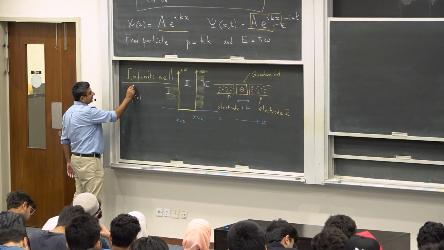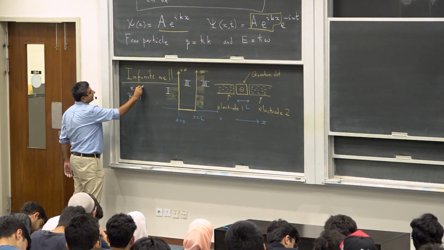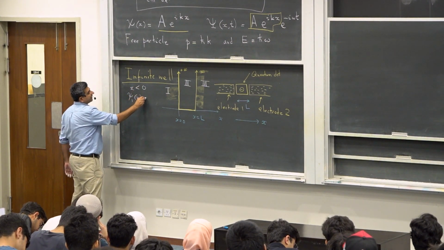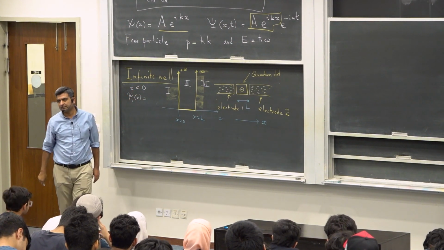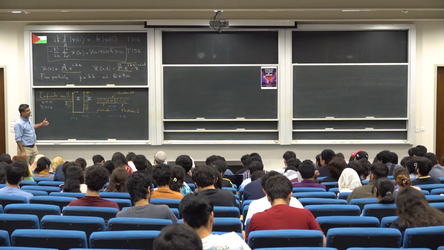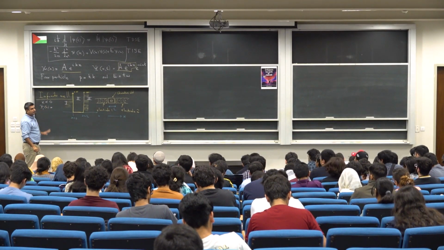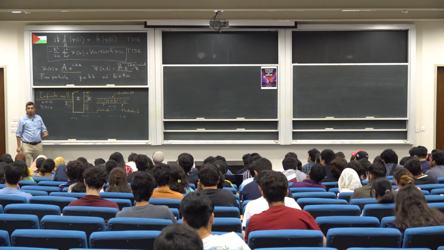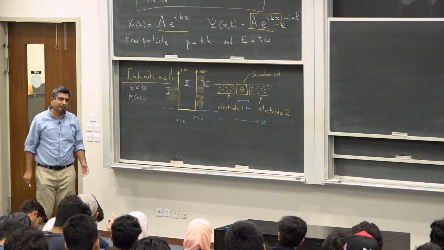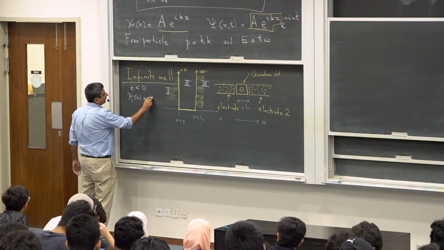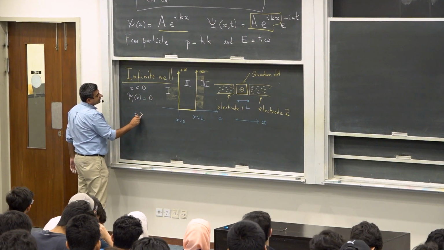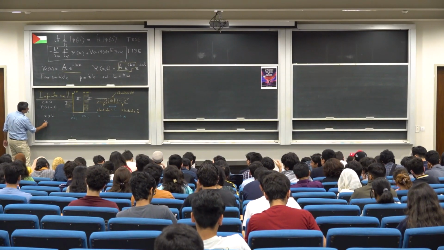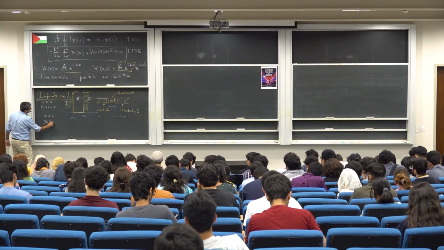in region 1, that is for x less than 0, let's call it psi 1 of x. What is this function going to be in this region? If I cannot find the electron here, what should the wave function be? 0. Likewise, for x greater than L, my wave function, let's call it psi 3.